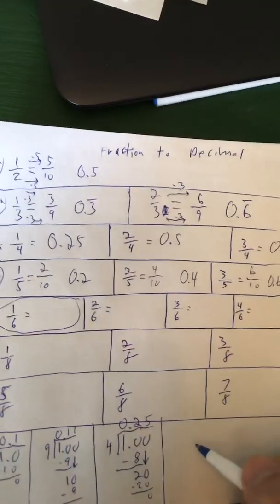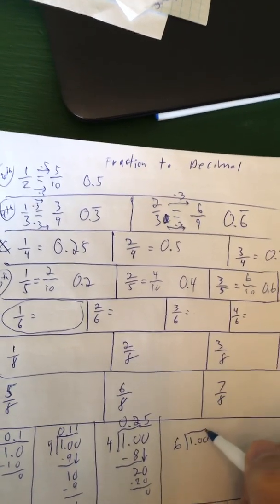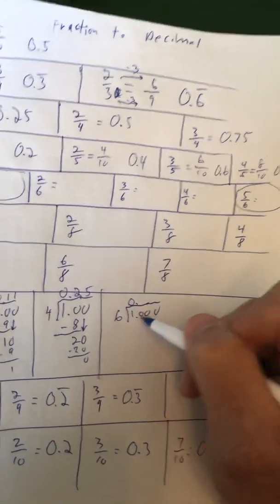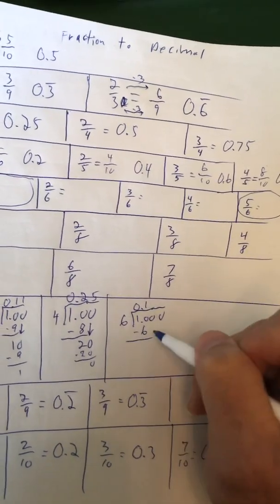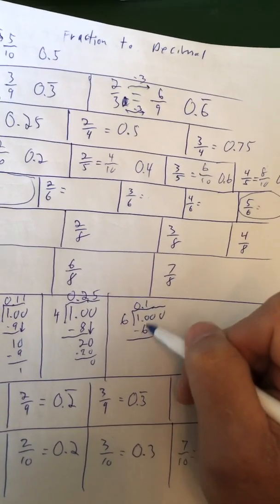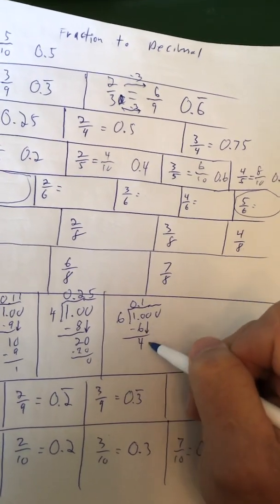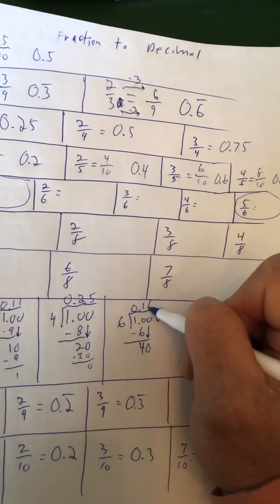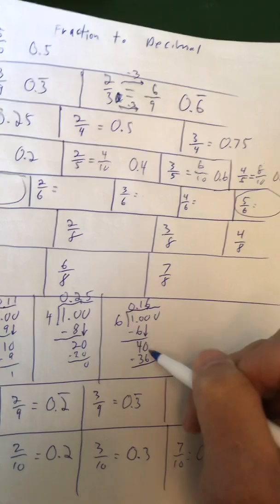So let's do your division. 1 goes inside, 6 goes outside. I'm going to add 3 zeros. 6 goes into 1 0 times. 6 goes into 10 once. 6 times 1 is 6. 10 minus 6 is 4. I bring down the next 0. 6 goes into 46 times. 6 times 6 is 36.